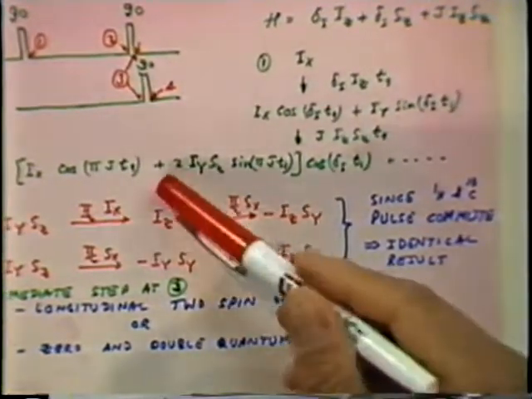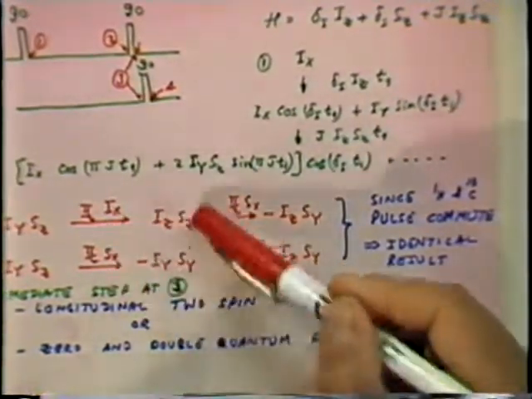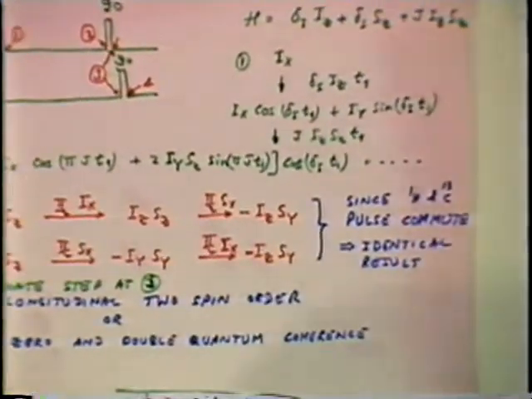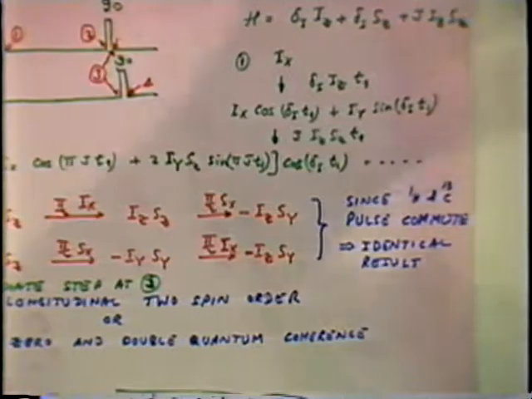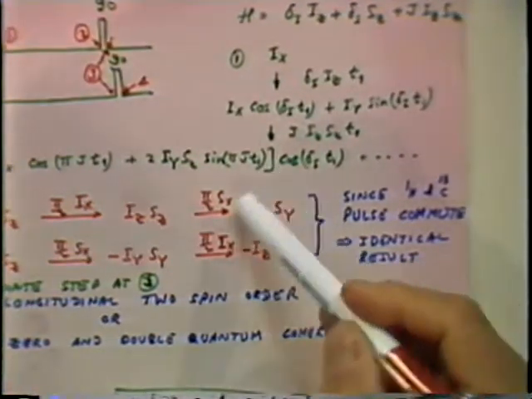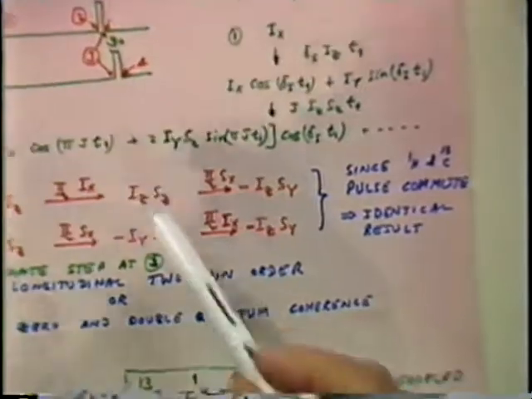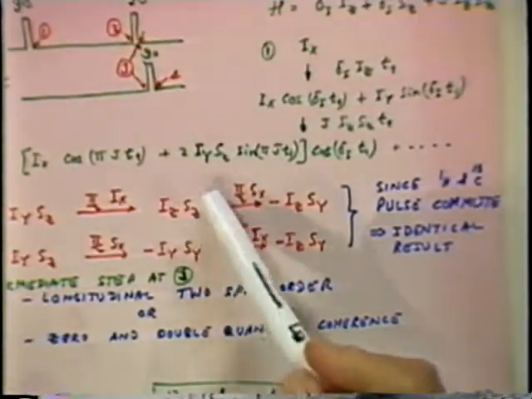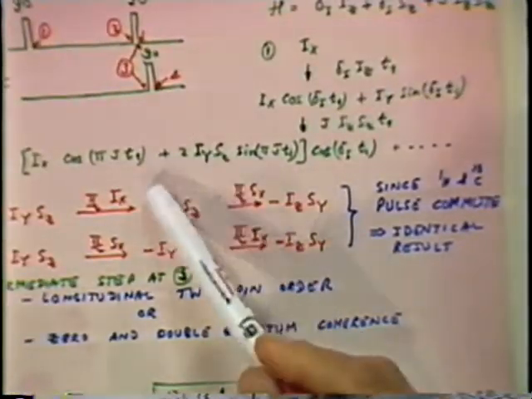We could not see this state in the homonuclear case simply because there was only one pulse. We applied it at both the spins at the same time. Here we have the facility to apply one pulse at a time. But these pulses commute. Therefore, the result should be the same. And that's what it is. And this is called a longitudinal two-spin order, IzSz.